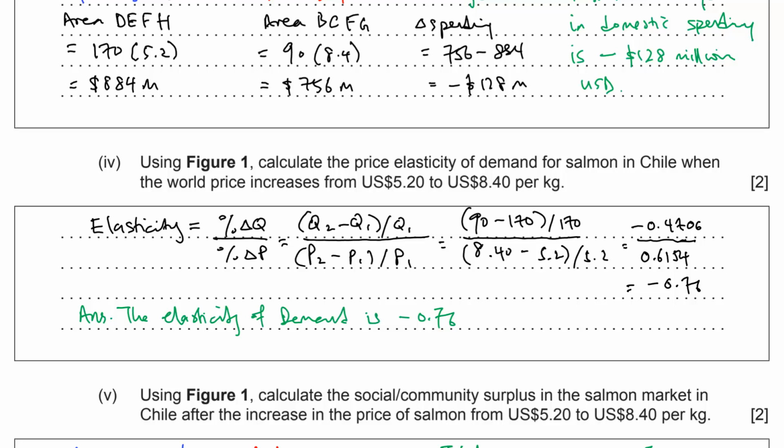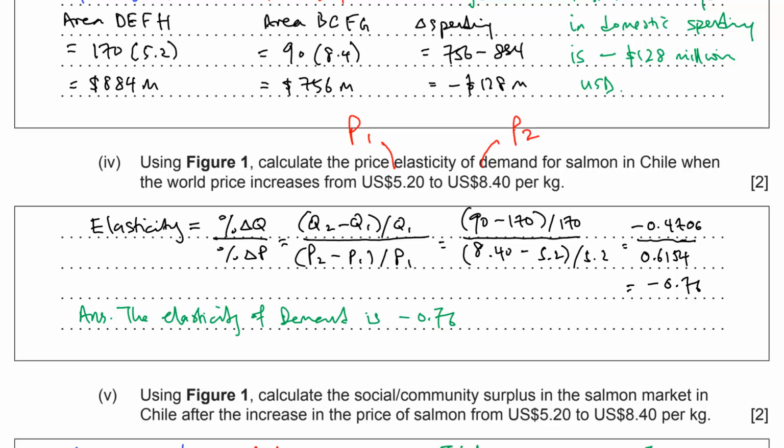Here we've got to figure out which one is P1 and which one is P2. P1, I would assume, is going to be $5.20 because that's the original price, and P2 is going to be $8.40 because that's the new price. So we're going to figure out the corresponding levels of demand at P1 and P2.